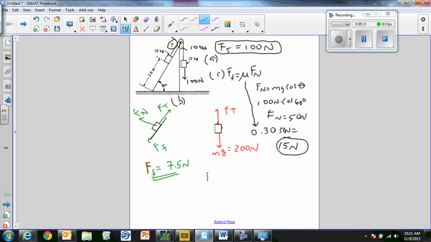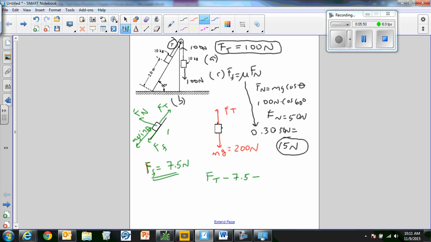So let's write our equations out. I get Ft minus 7.5 minus, there's one other force I got downhill here, which a lot of you guys missed, and that's mg sine theta, which always pulls it downhill.